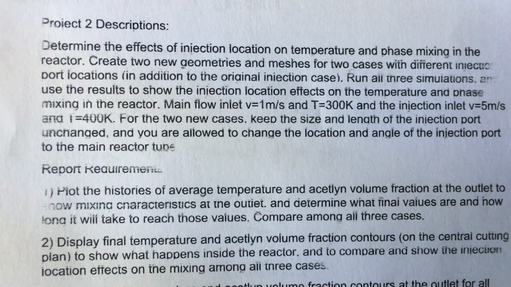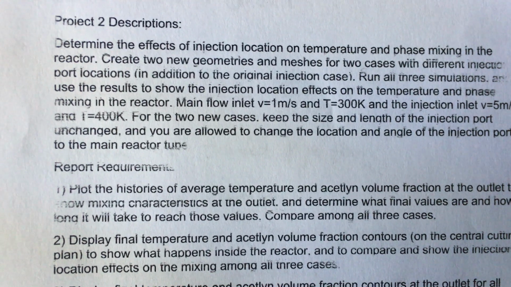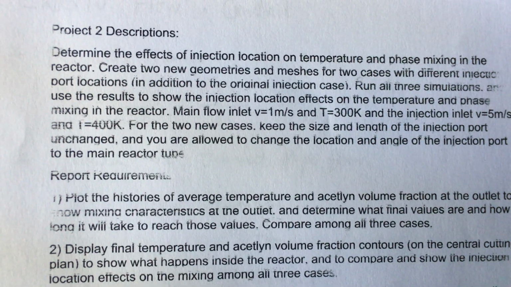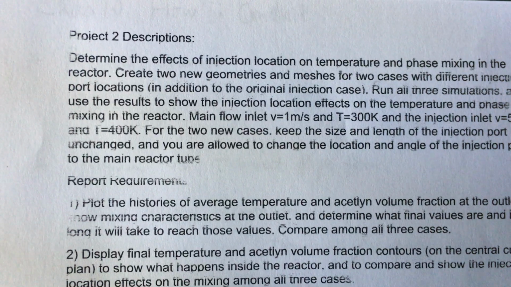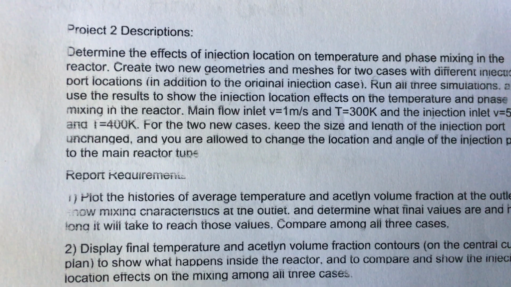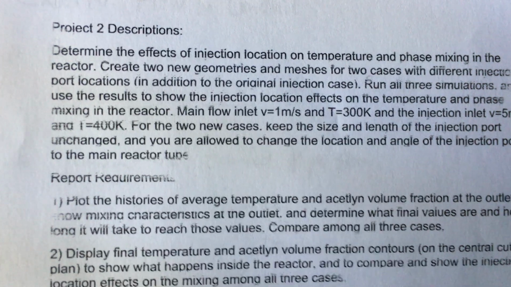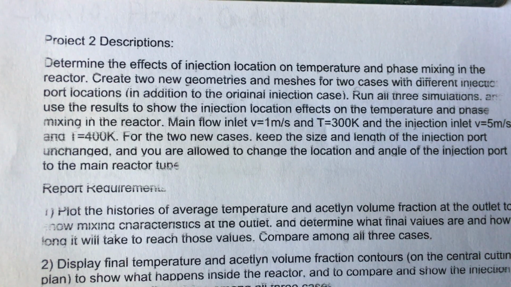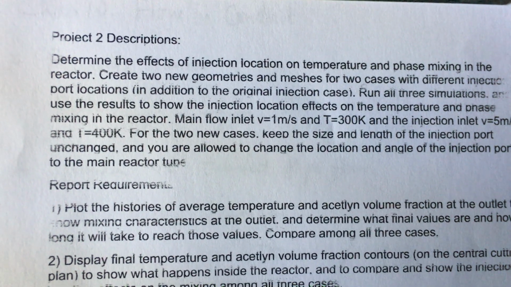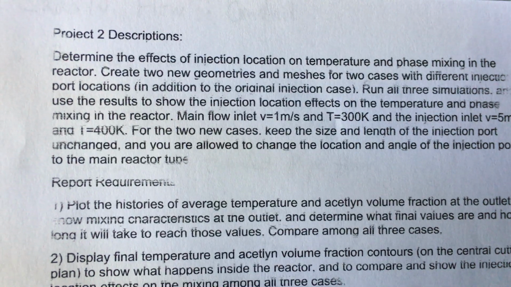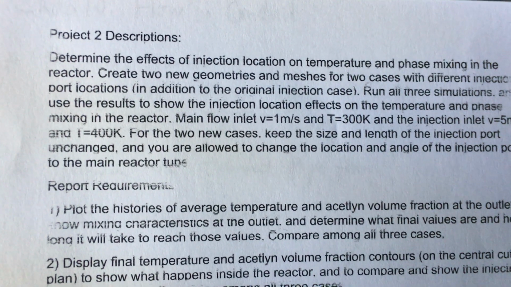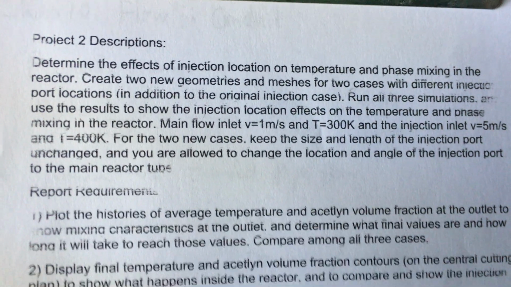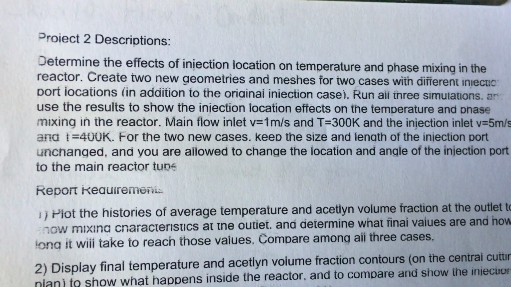In this problem, acetylene is the initiator. Ethylene in the main tube will mix with the acetylene you injected through the injection port. The better the mixing between the acetylene and the ethylene, the better the reaction will happen. So the goal of this project is to see how well the acetylene mixes with ethylene in the main flow.